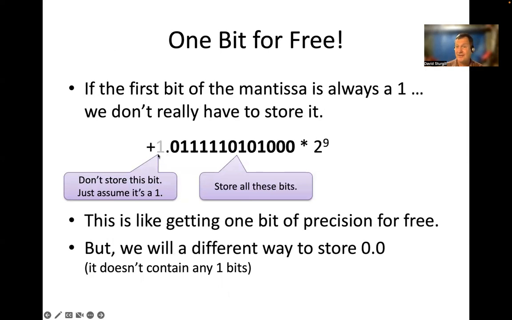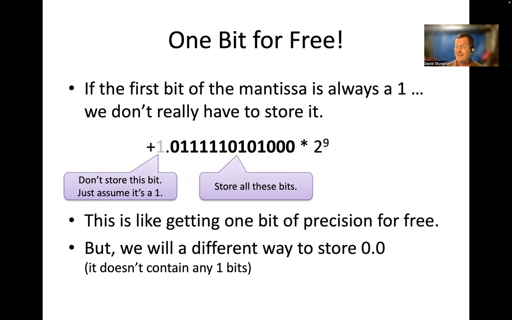Let's just pretend it's a 1 and store the rest of the bits. So you could think of this as getting that bit for free. When you're doing math with floating point numbers, you just automatically assume it's a 1. And that works fine. Again, you could think of that as getting 1 bit of precision for free.